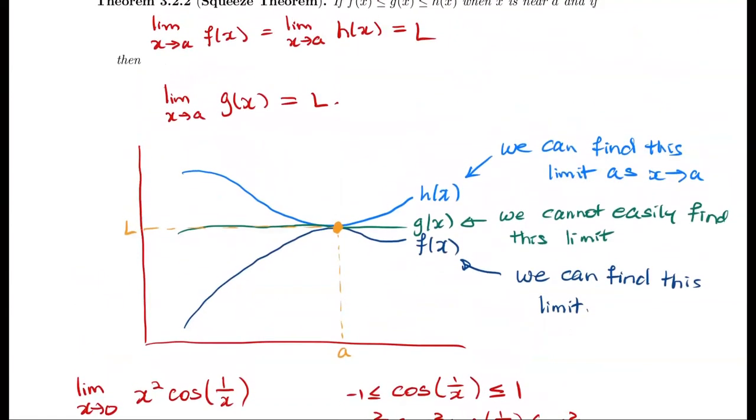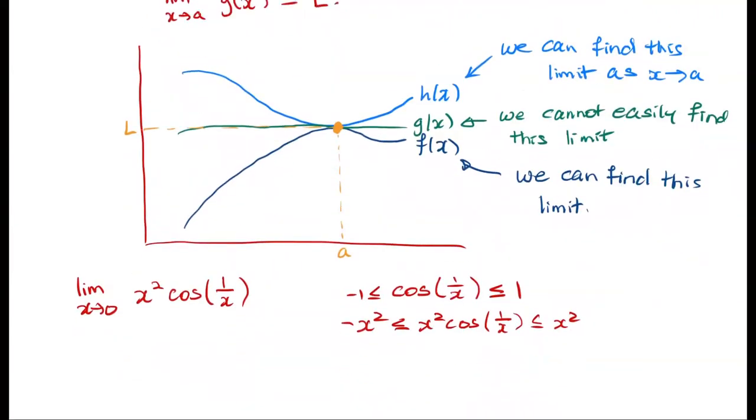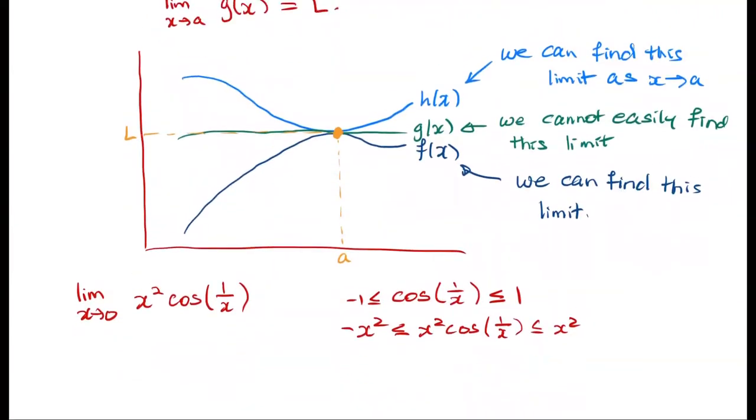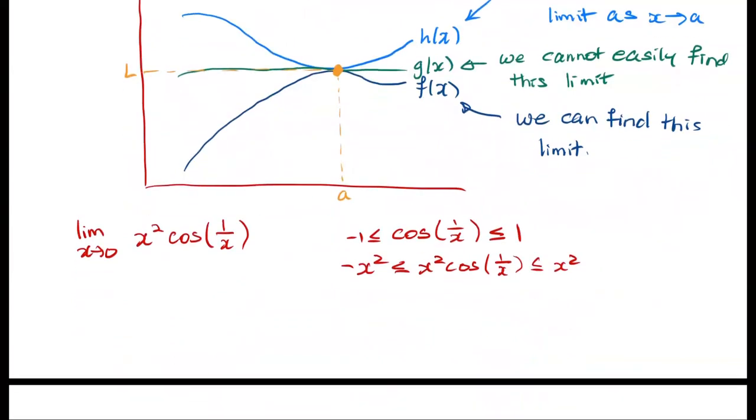We also see that as x approaches 0, the limits of negative x squared and x squared are both going to 0. So therefore, we could conclude that this limit is equal to 0. Because the limit as x approaches 0 of x squared is equal to the limit as x approaches 0 of negative x squared, which is equal to 0.